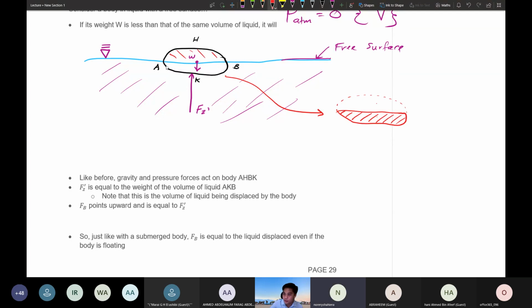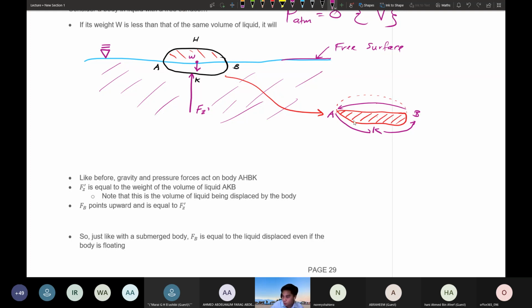Do you think this part displaces the liquid? No, because this is above the water, so it will not displace the water. Below the water, it displaces the water. So this part we call A, K, B. This is what we call AKB, equal to Fz.